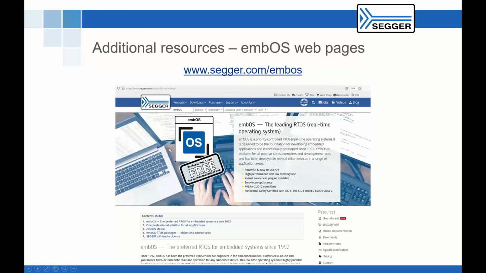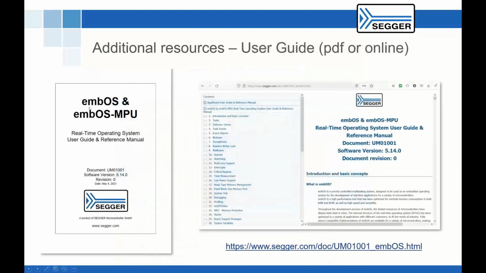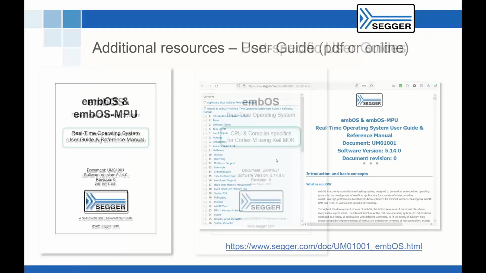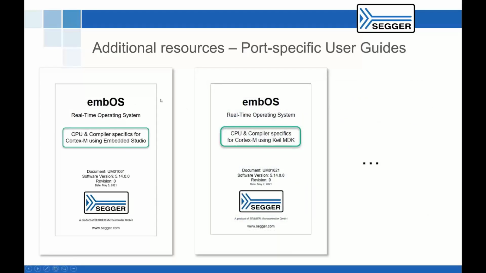And so for additional resources, obviously you can go to our web pages. There's good information there. I mentioned the user guide, which is available as a PDF as well as online, which is sometimes easier to view. I mentioned the different port-specific guides.